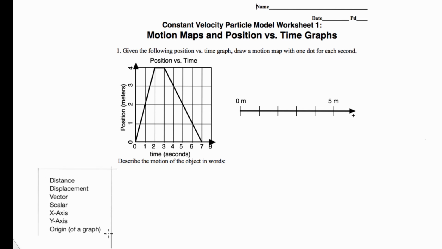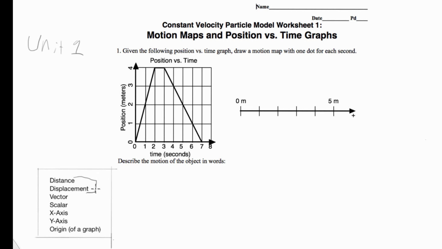Around here you'll see some terms. These are terms that are essential things in the first unit. We're going to call this unit 1. These are some terms that you'll need to know the definitions of. Distance, displacement. These two are very similar, and I will talk about both of them, so I'm not going to write down a definition here.